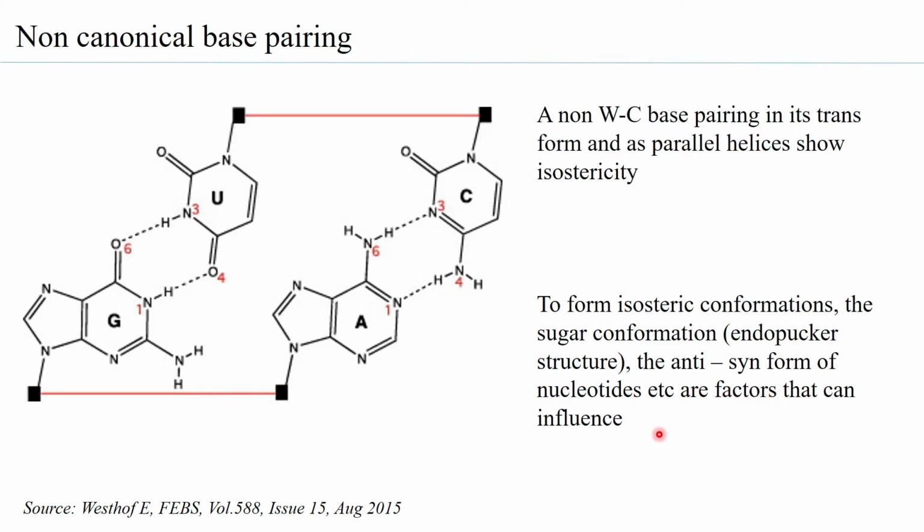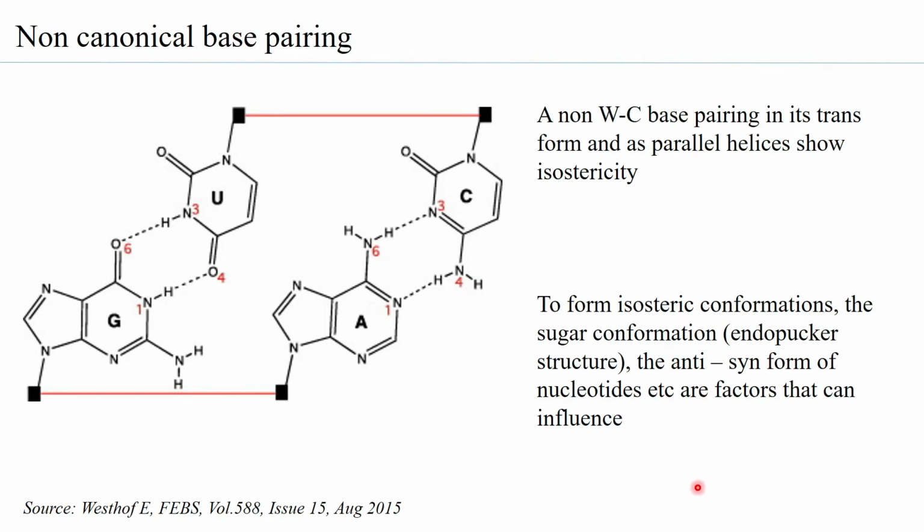Also, whether you have the possibility of the trans or the cis arrangement of the sugars. So all of these factors will contribute to whether or not you can have an isosteric conformation. And this is exactly what was also shown by Richard Dickerson. Different forms can have different endo pucker sugars.